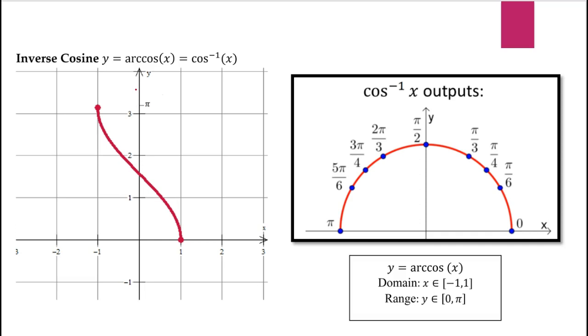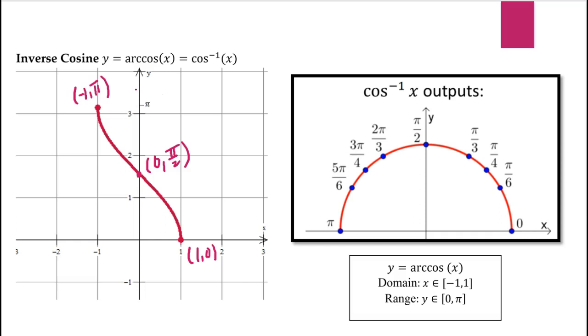It was taking those points and switching them. The coordinate points on here are (negative 1, pi), then right here (0, pi over 2), and then this one is (1, 0). So it's taking those coordinate points that were restricted on cosine and switching the values of x and y. So this is the graph of inverse cosine.